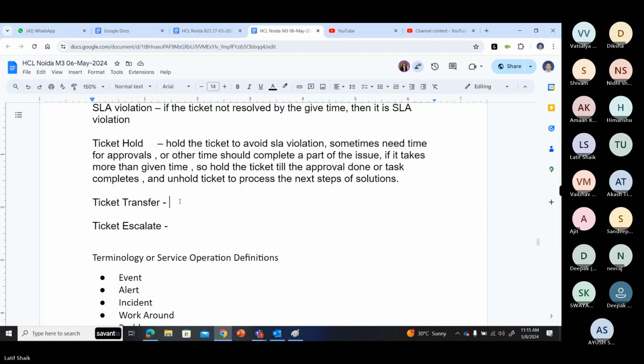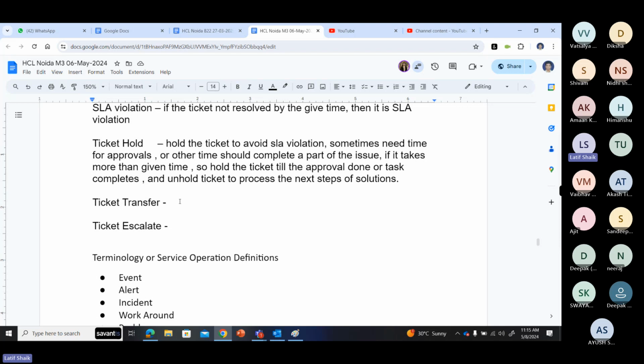When an employee or a service desk person is busy with other important work or configuration-related work, the current ticket he cannot handle right now.